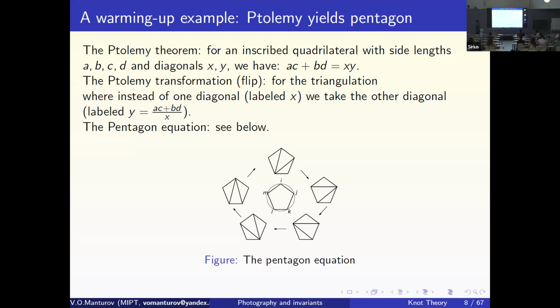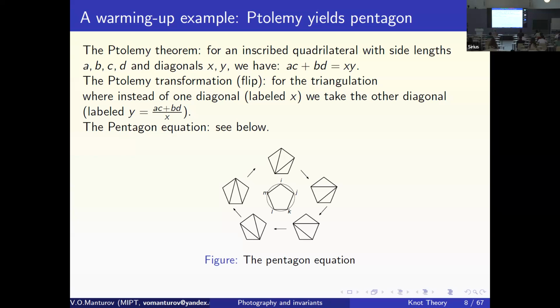And the Ptolemy transformation means that we take this quadrilateral with one triangulation, with one diagonal, and replace it with another diagonal. When we replace it, we change the label. We had X and we get Y, which is (AC plus BD) over X.